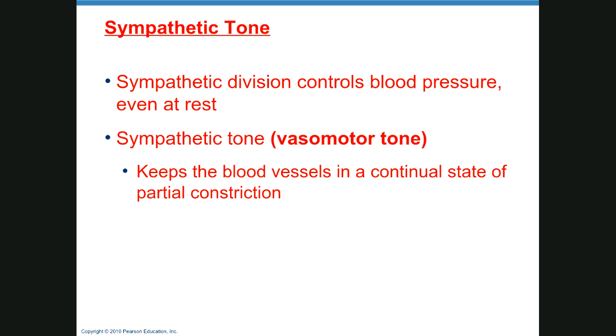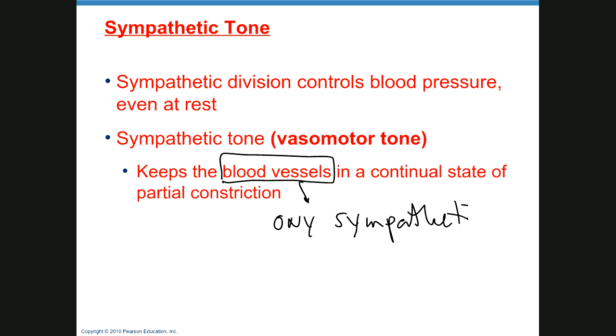So, okay, let's see. This is something important to remember, especially for next semester. Blood vessels have only sympathetic innervation. So remember we said most organs have dual innervation, except for a few organs.